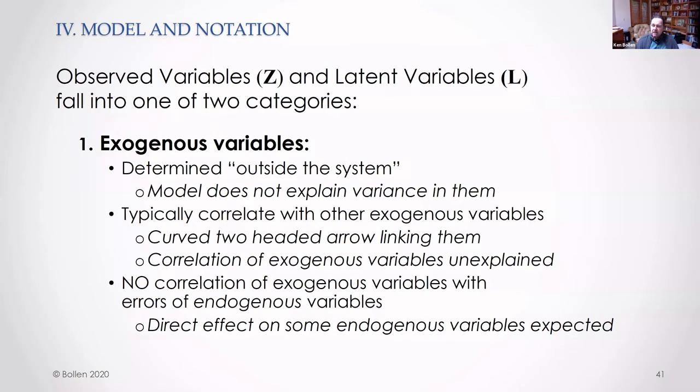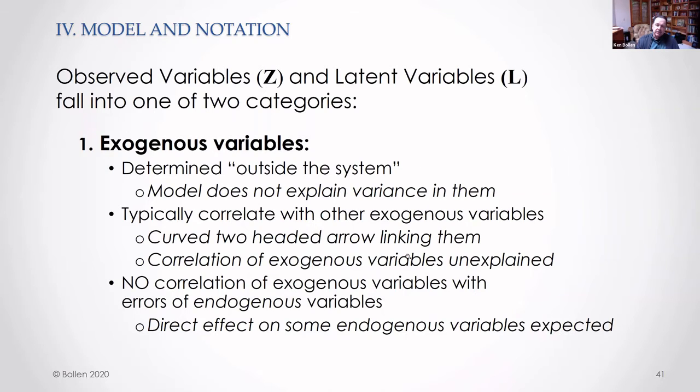Typically, these exogenous variables correlate with each other, and we connect them with a curved two-headed arrow, which, if you were with me last week, we showed you that symbol. The curved two-headed arrow just says, allow these things to be associated with each other. My model's not explaining why, but I'm recognizing that in the observational world, these can covary with each other.